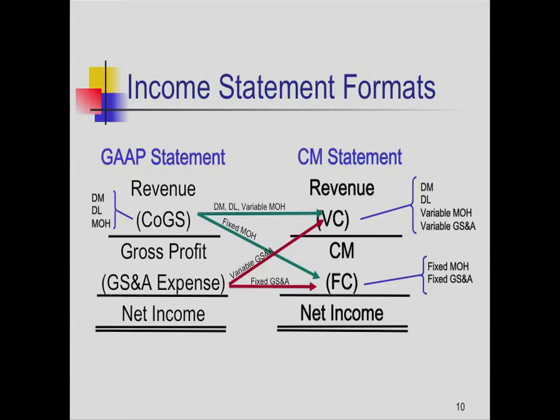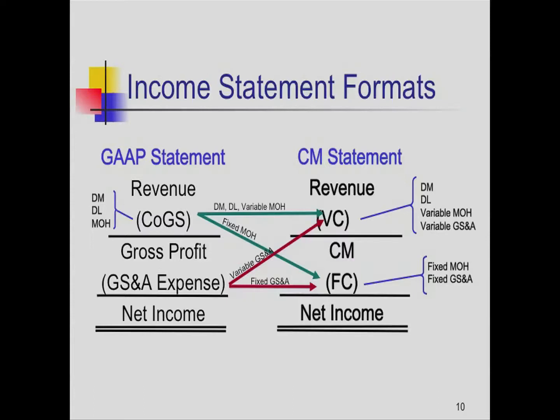So you notice we have that subtotal, CM, which stands for contribution margin, versus gross profit. How is this going to be more useful for our managers? Well, remember how we were talking about how fixed costs behave? The manager can't influence them in that short term, in that relevant range.